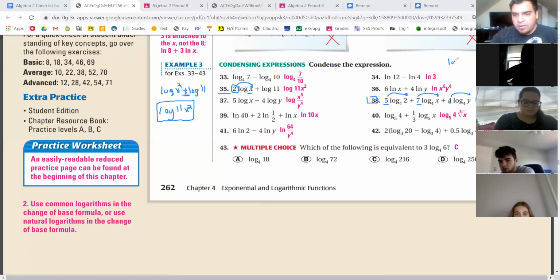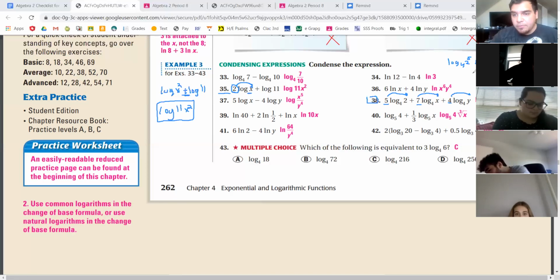So we get log base 4 of 2 to the 5th power, plus log base 4 of x to the 7th power, plus log base 4 of y to the 4th power. Okay?